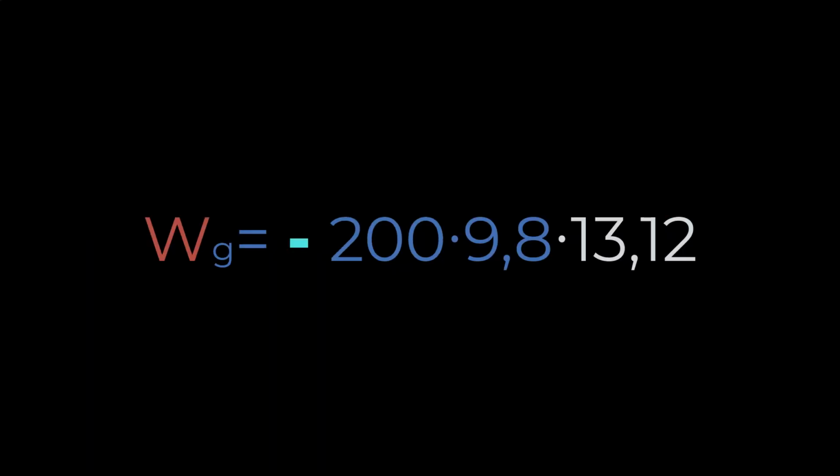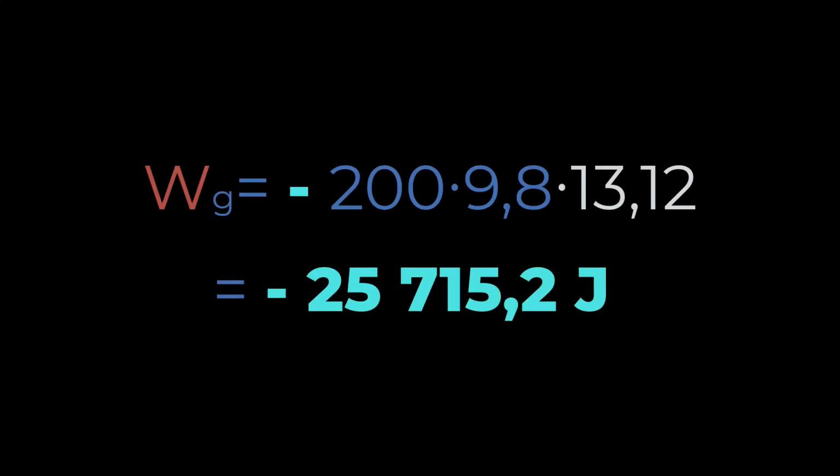And then we multiply it by cos 180. In other words, this all becomes negative. We do this on our calculator. Our answer is minus, don't forget the negative value, 25,715,2. What we were busy calculating, the work done by gravity. Work is measured in joules, as is energy.